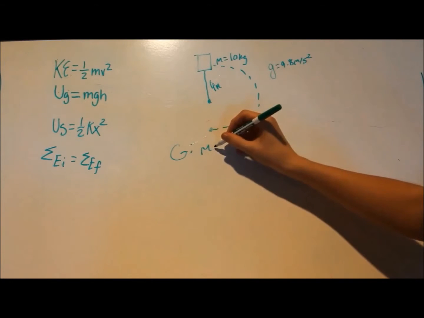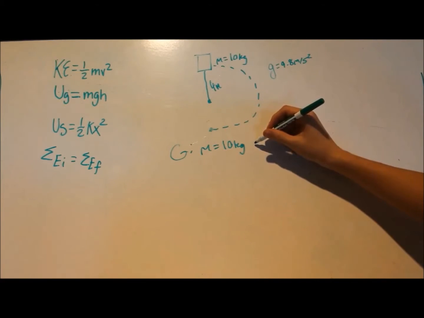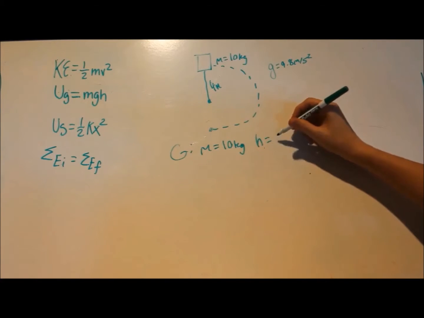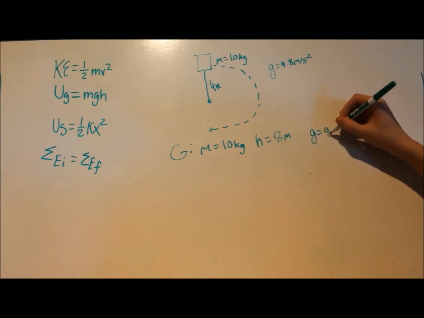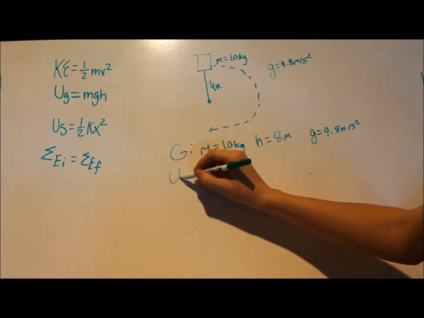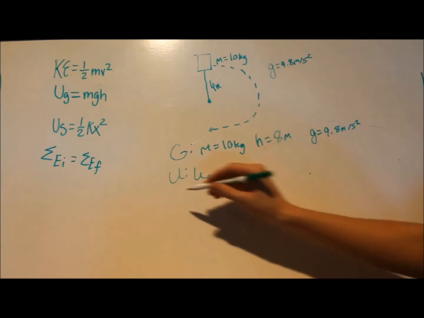Our givens are already given here. 10 kilograms for the mass of the object. Our height is 4, but it's 8 because that's the radius. And then gravity. Unknown is our gravitational potential energy.